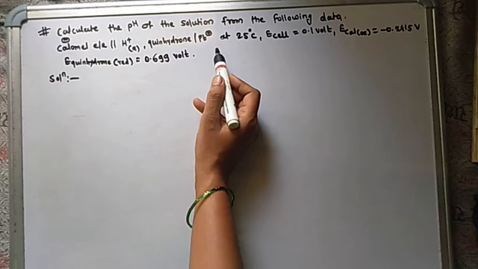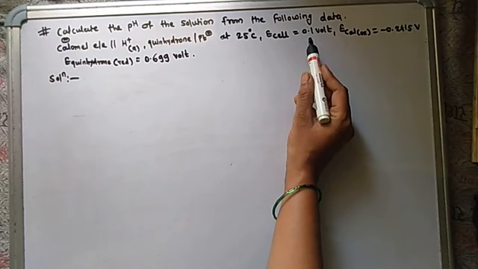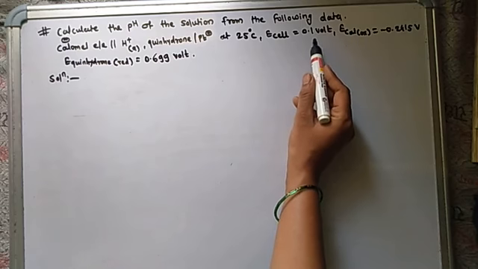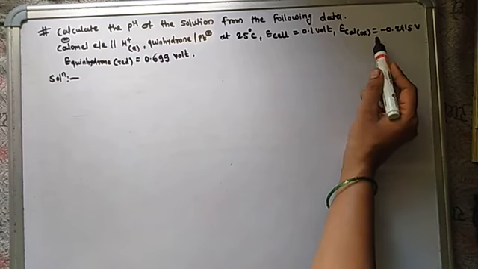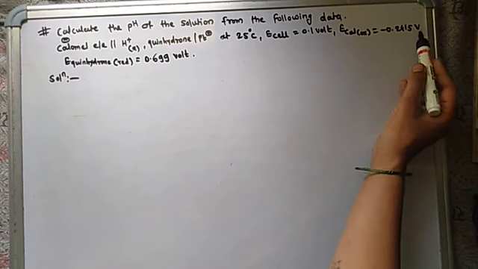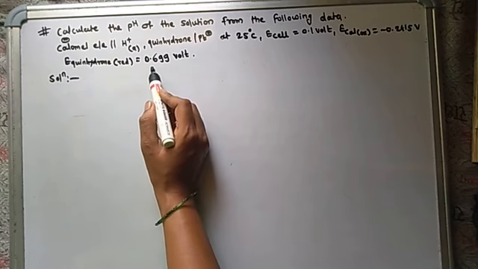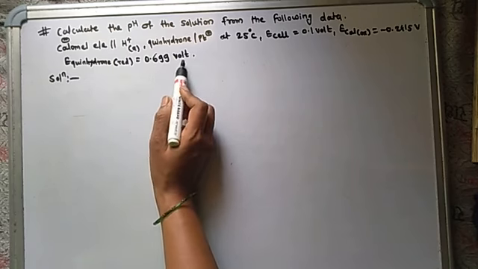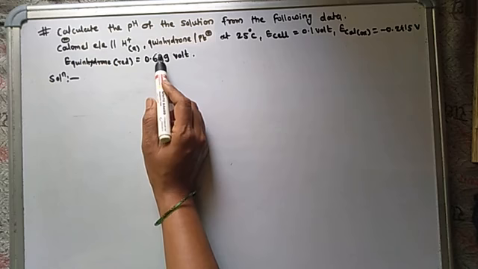Given is the E cell of 0.1 volt, the E calomel of oxidation is minus 0.2415 volt, and the E quinhydrone reduction potential is 0.699 volt. These are the given data.